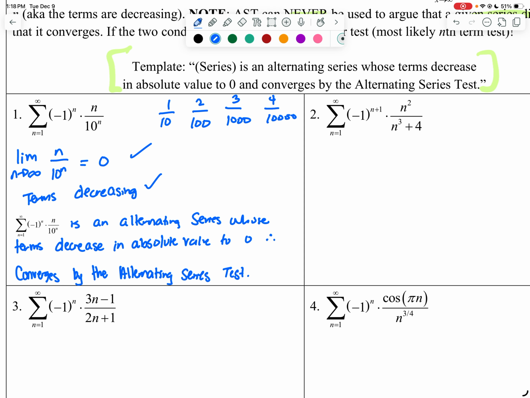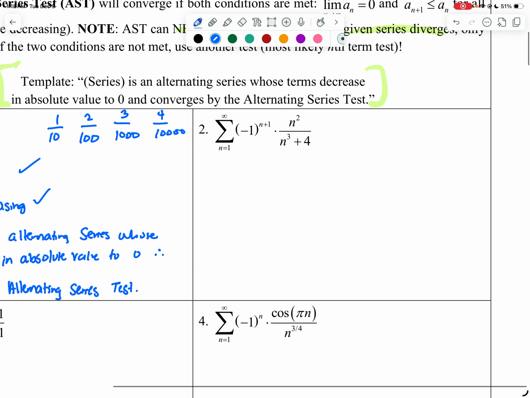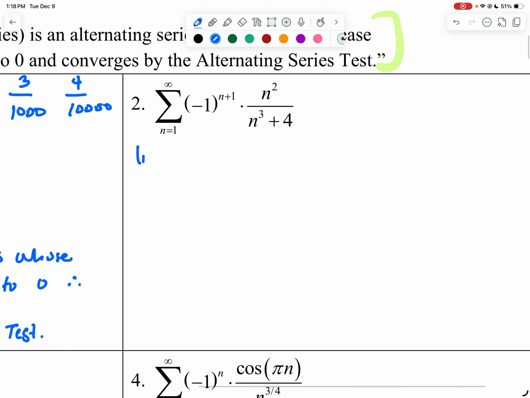All right, if we look at number 2 here, the first thing I'm going to do is go ahead and take my limit. So the limit as n approaches infinity of n squared over n cubed plus 4. For us, the denominator grows faster, so my limit will approach 0.